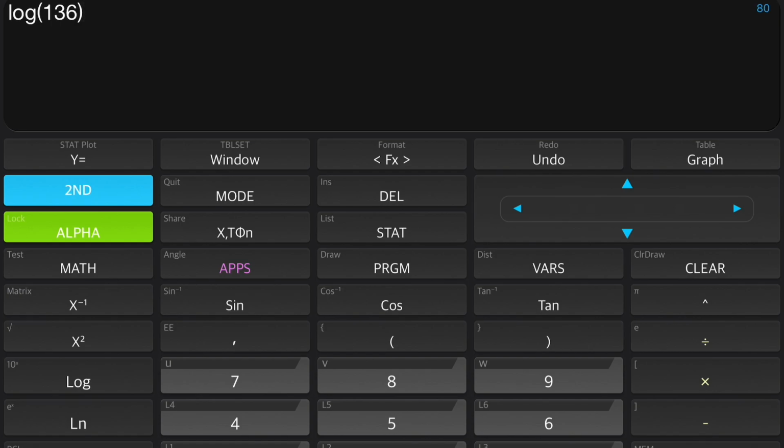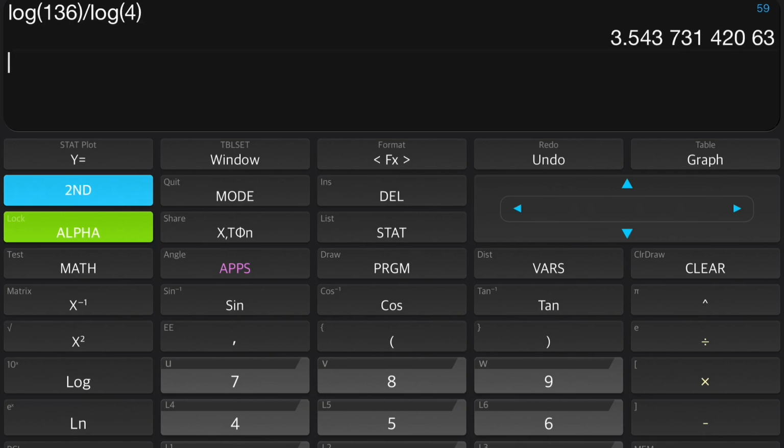So log base 10 of 136 divided by log, and again, it opens a parenthesis. Here, closing the parenthesis is probably more for humans. The calculator knows that if there's nothing left, it just closes the parenthesis. I would do it anyway because it's good practice.